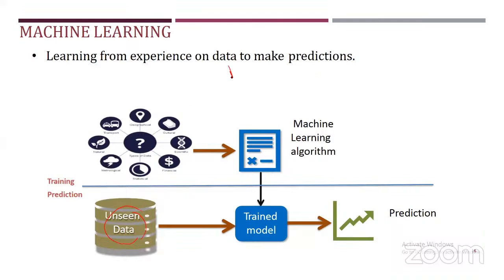Suppose you are having 100 instances. Normally the approach is that we divide these 100 instances into training and testing. That means I will be preparing my model on one set of the instances and I will be testing my model on the other set of the instances.